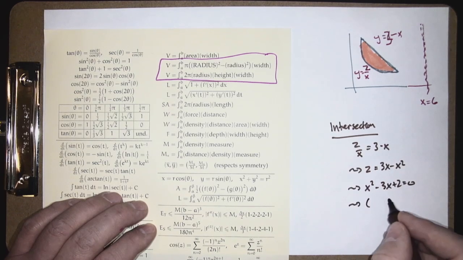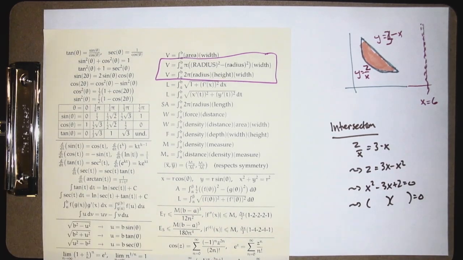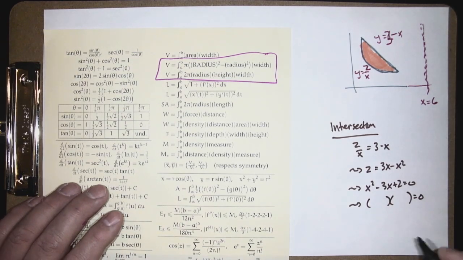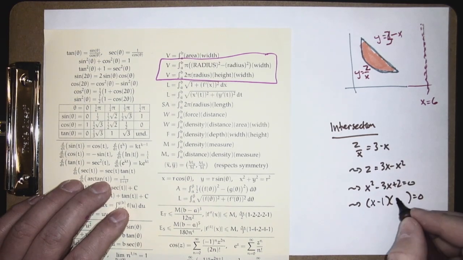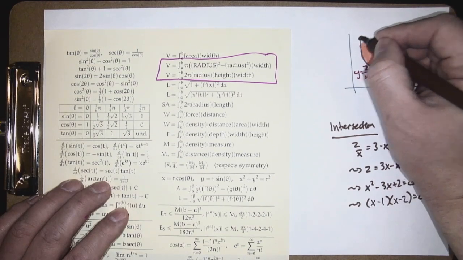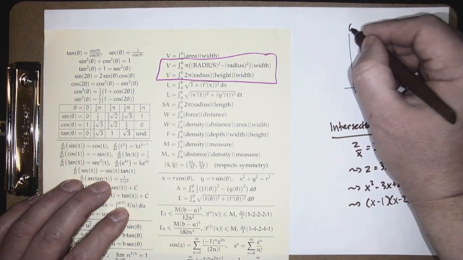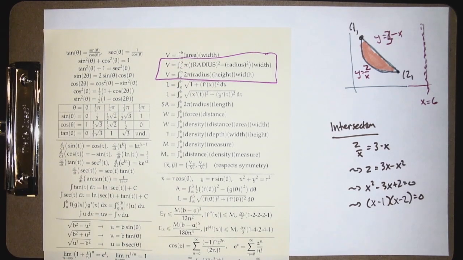So what does this do? Well, it turned out things will be relatively nice. And it factors. What does it factor as? Yeah, so x minus 1, x minus 2. Which says that there's a point 1 comma something, and there's a point 2 comma something.